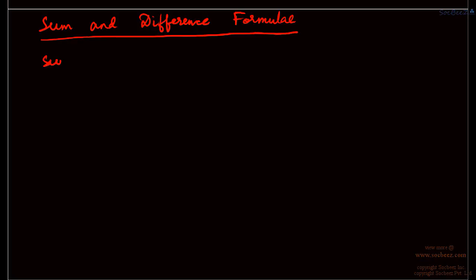These formulae start with sin. Sin of A plus B is sin A cos B plus cos A sin B.